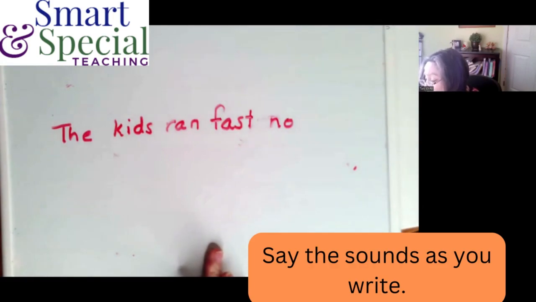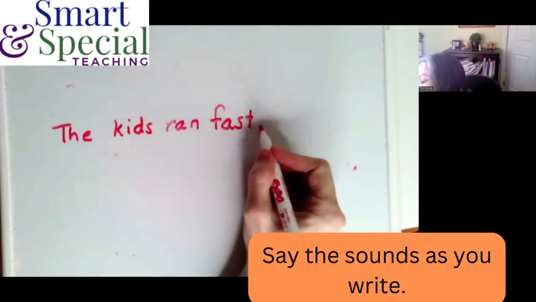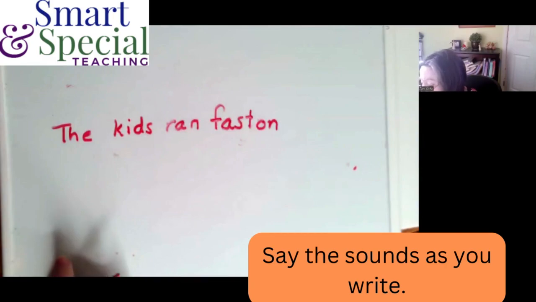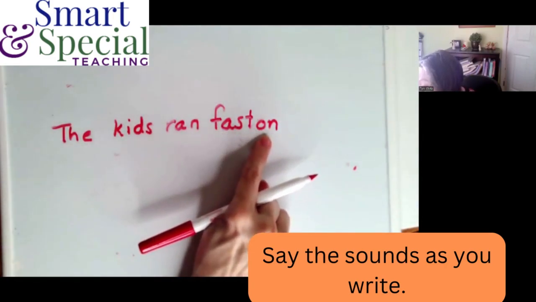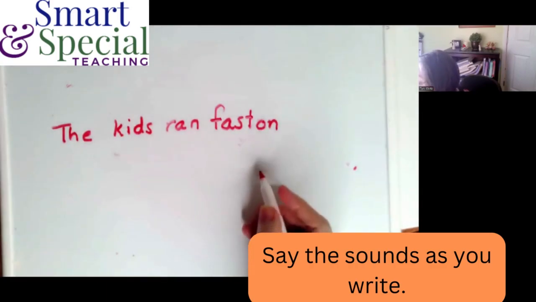We want the word on. Say the sounds in the word on. Read what you wrote. The kids ran fast on where? The path. Good.